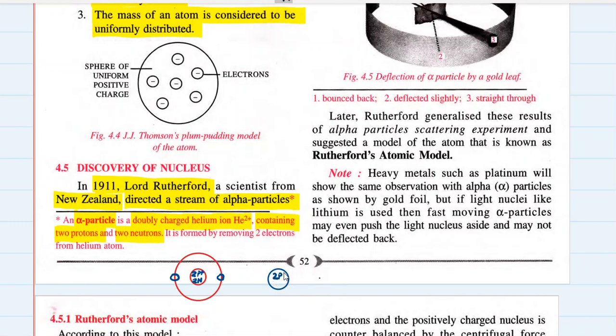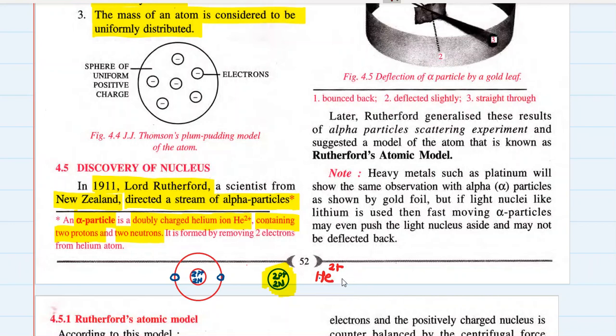In the nucleus there will be two protons and two neutrons. That's it. And what you see here is known as a doubly charged helium ion, He2+. So the helium ion consists of two protons and two neutrons.